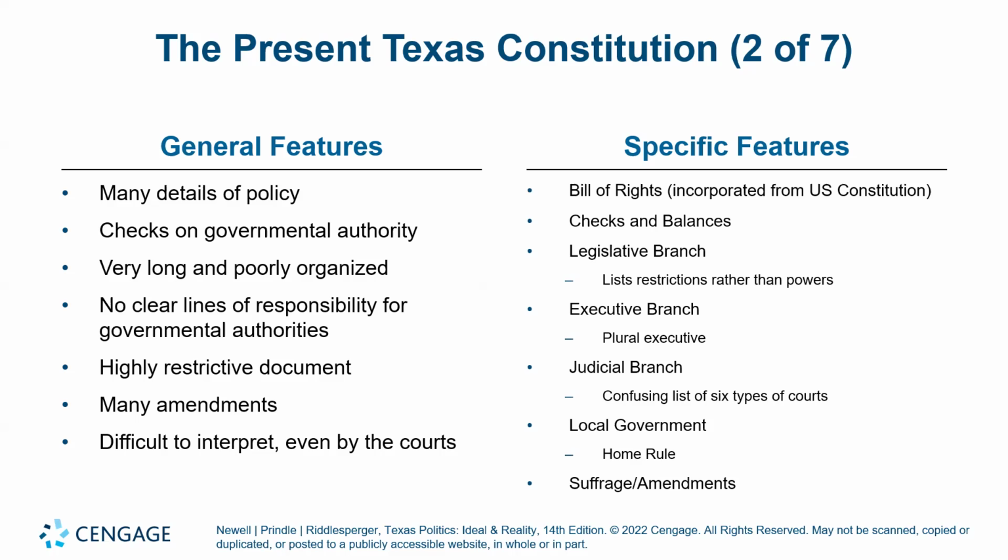They wanted as little government involvement as possible, just the bare minimum, not to give any inch of power to government. You are not allowed to do this, you are not allowed to do that. And we see that culture still permeate to this day, where government is looked at very suspiciously in Texas. Difficult to interpret even by the courts.